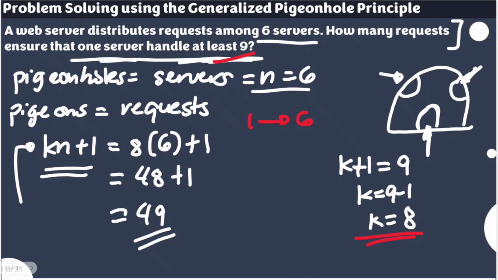Let's say 7 to the 12th request, by assigning those to 6 servers fairly, each of those servers will have 2. But we have not yet reached 9. So we have 13 to 18, that gives at least 3. From 19 to 24, that's just 4 per server. You will have 25 to 30, which gives us 5 per server.